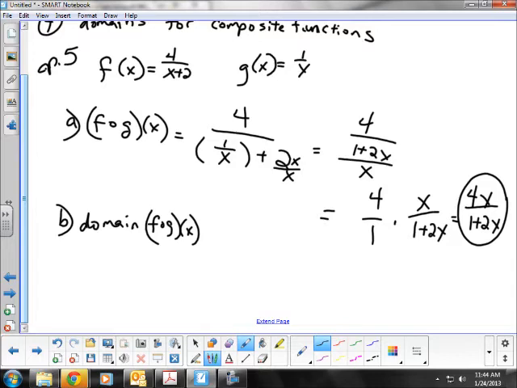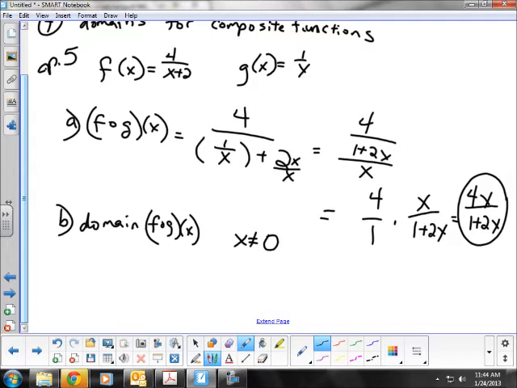So what x's can I not use in the g function? It says 1 over x. This is not a hard thing. What makes the x 0? 0, right? So I cannot use 0. So in my domain, I already know that part of my domain is going to have that I can't have 0 in there. Okay?